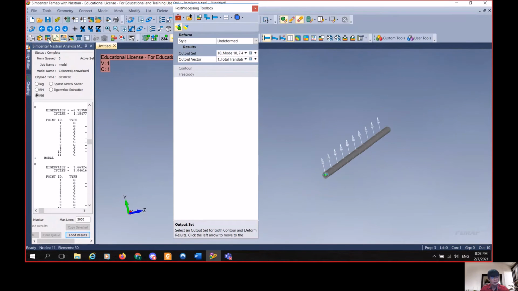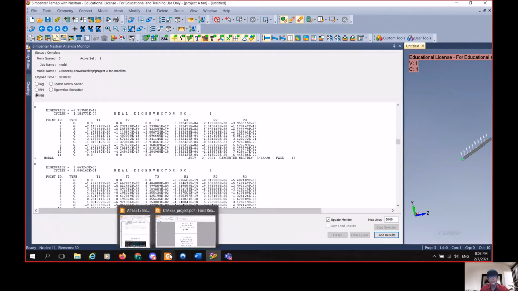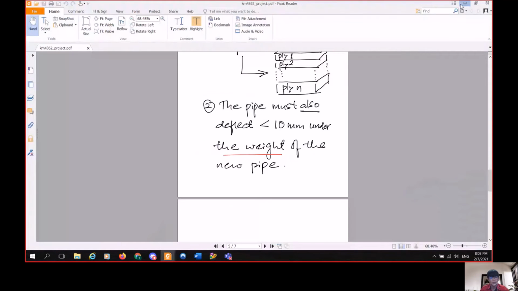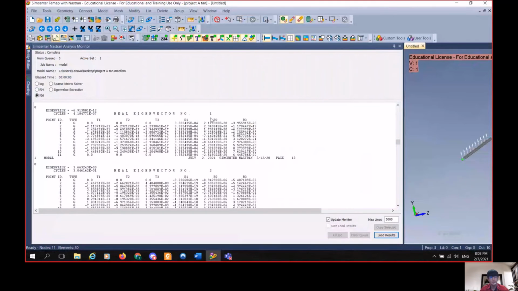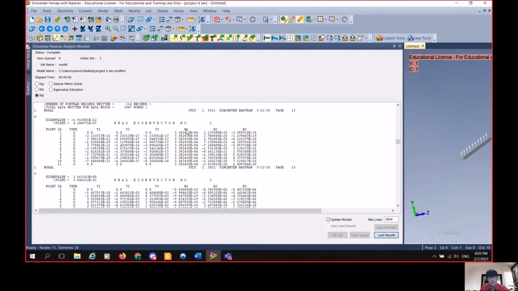we proceed to discuss the deflection of the new pipe, which is required by objective 2. The pipe must also deflect lower than 10 millimeters. By comparing the real eigenvector for each mode, we can see that the real eigenvector shows the deflection for each mode.